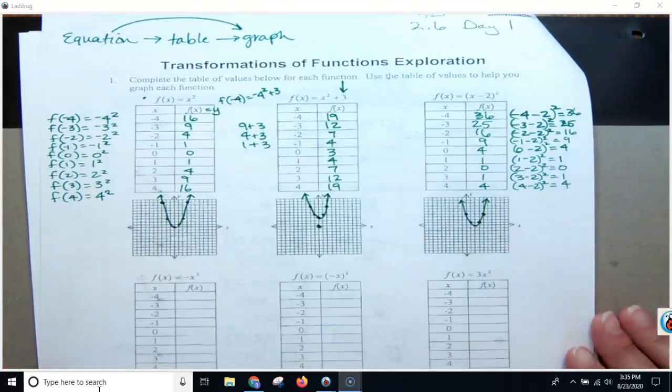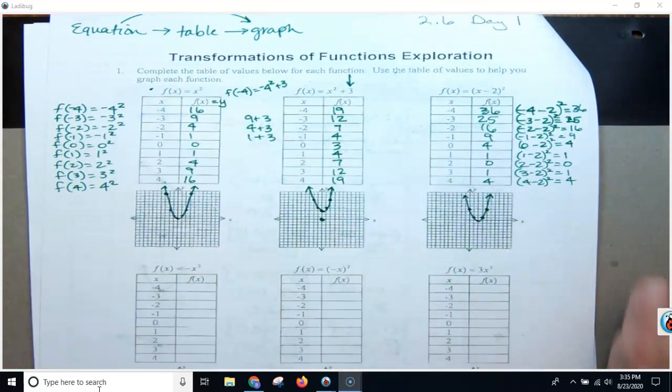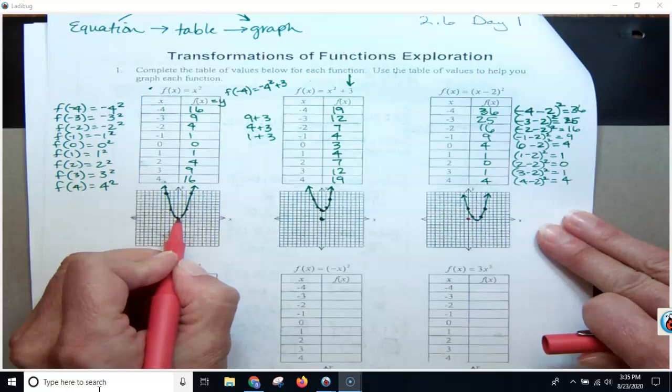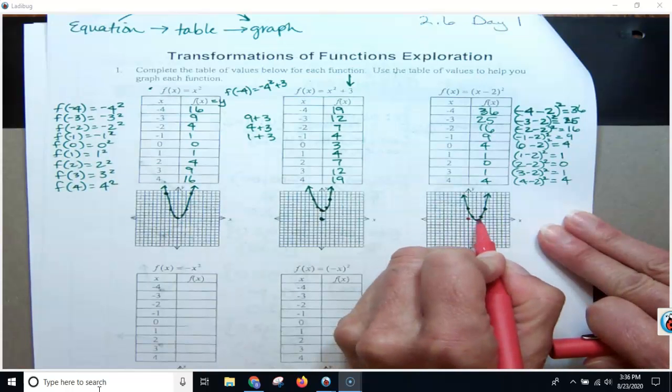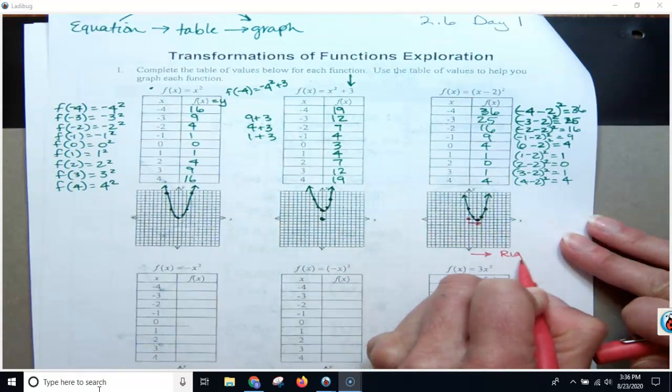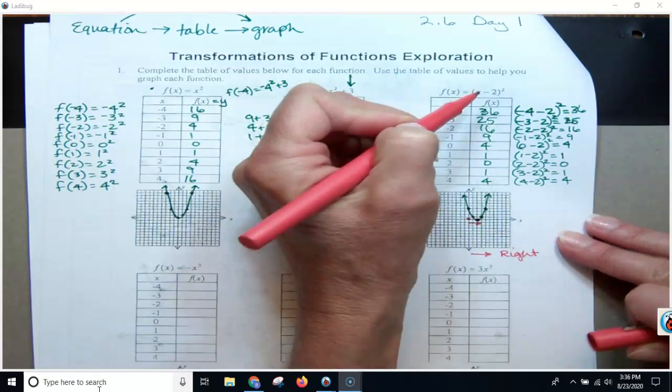Hopefully you did this one and you noticed that the graph started at the origin here, and now the vertex has moved over to the right 2.